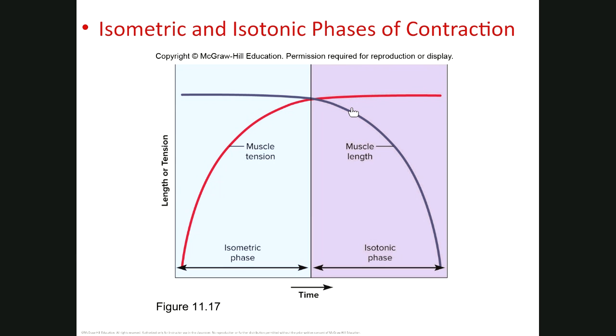But at the same time, look at the red. The red is the tone of the muscle. We are maintaining the tone, and so that's called the isotonic phase. It's getting shorter until we reach the peak. Then the length is at its shortest. As far as the size is concerned, during the beginning, the size is pretty much the same.